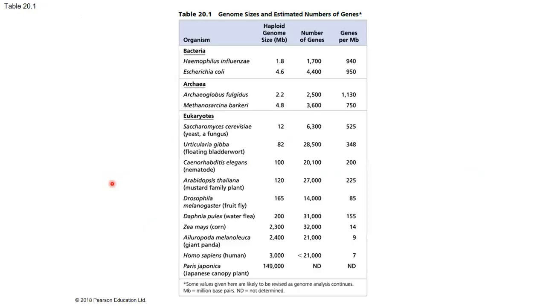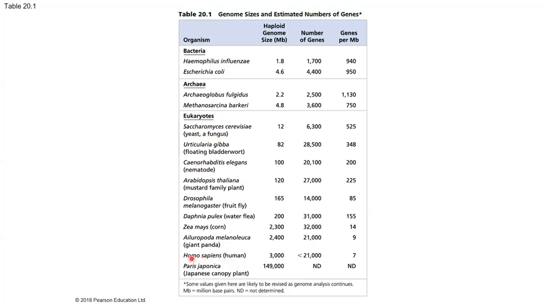This table, for example, lists some prokaryotic and eukaryotic organisms and their haploid genome size. As you can see, some types of plants have genome sizes even bigger than the human genome. Here we have the scientific name, and in between brackets we have the common name.